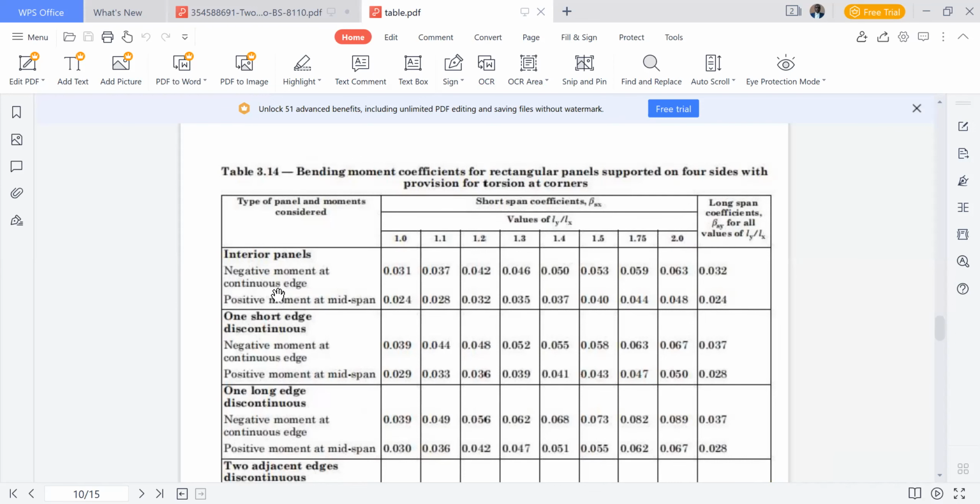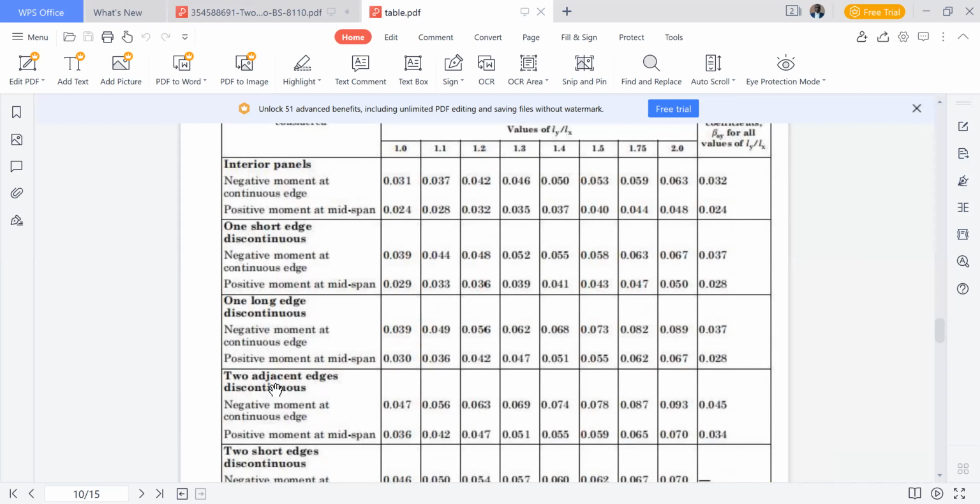Now, our panel type is two adjacent edges discontinuous. Now we shall use this particular column, this one. This is our area of focus.